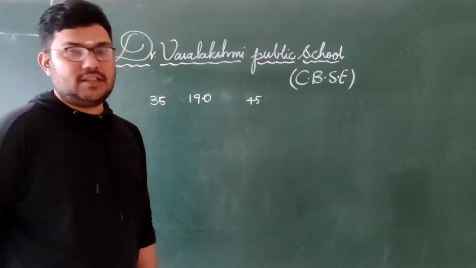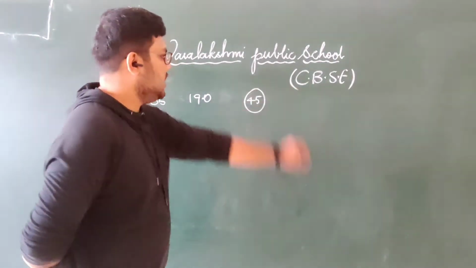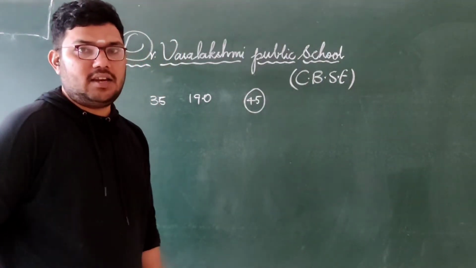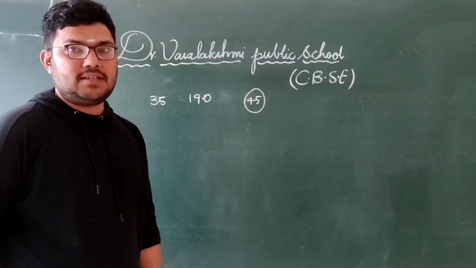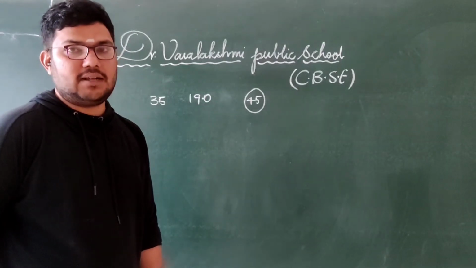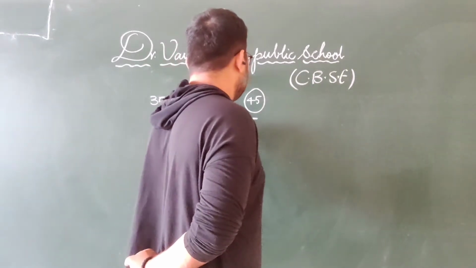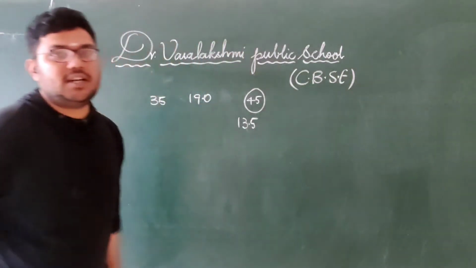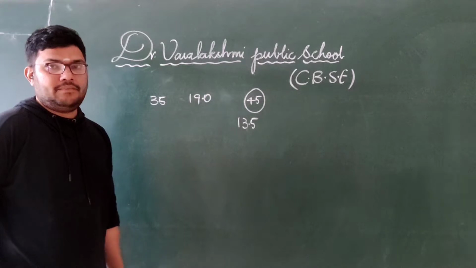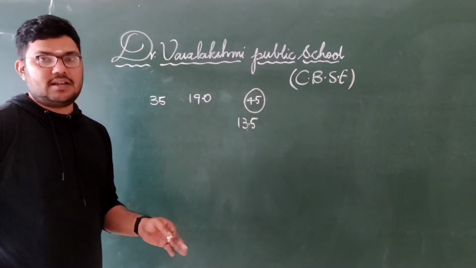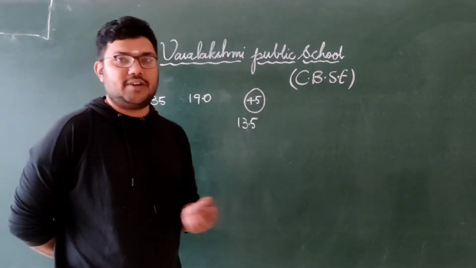What is 45 times 3? 3 times 40 is 120, 3 times 5 is 15. 120 plus 15 is 135, right? After the 5, keep the dot. So 13.5. I hope you have understood this trick with tens and multiples of 10.